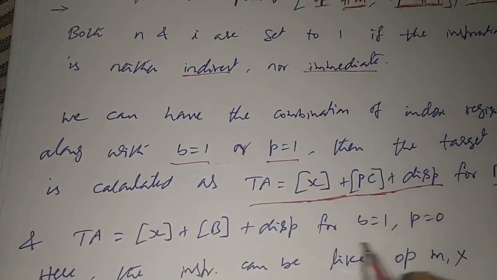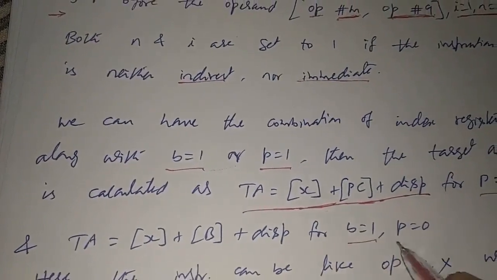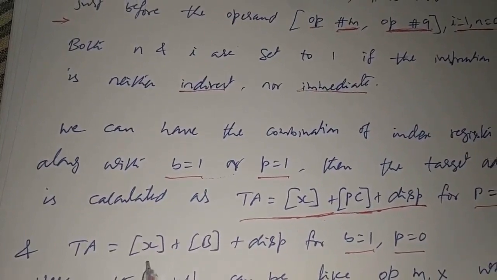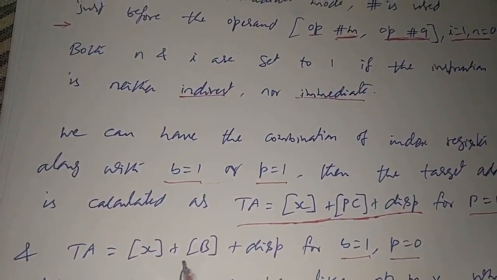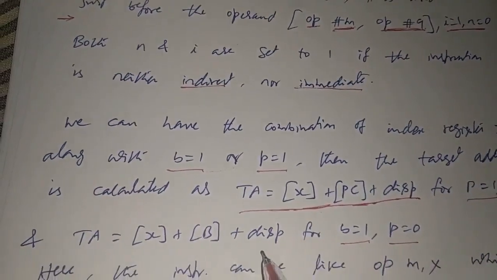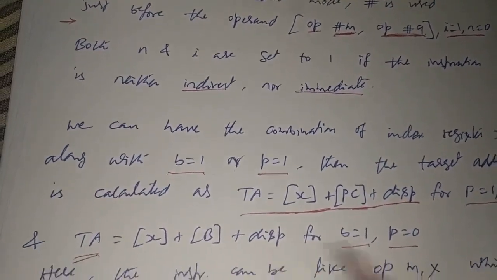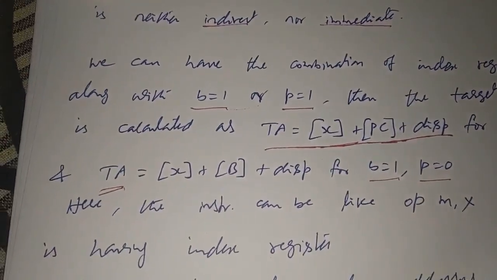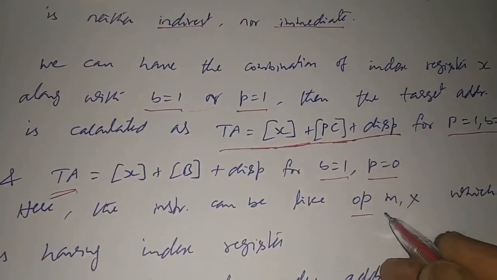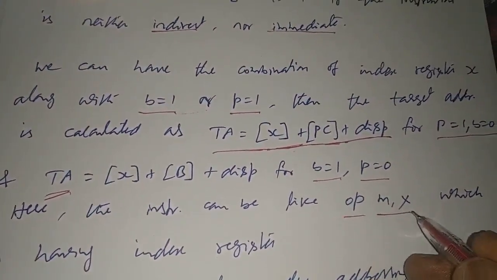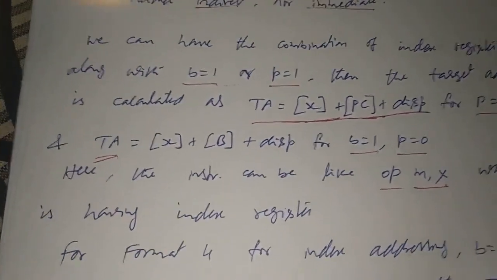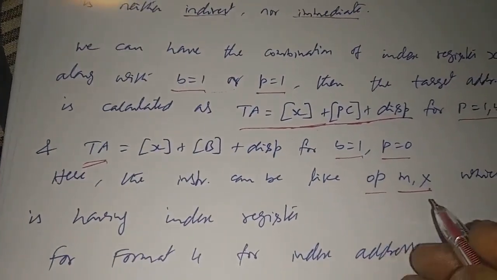And if it is B equal to 1 and P equal to 0, then the target address is calculated as contents of X, that is index register, plus contents of base register plus displacement. Here the instruction can be like OP M, X. So here we have used the index register, and because of that the flag bit X becomes 1.